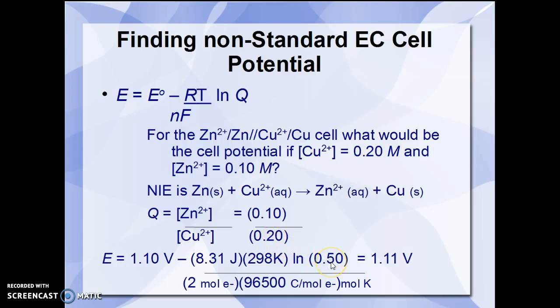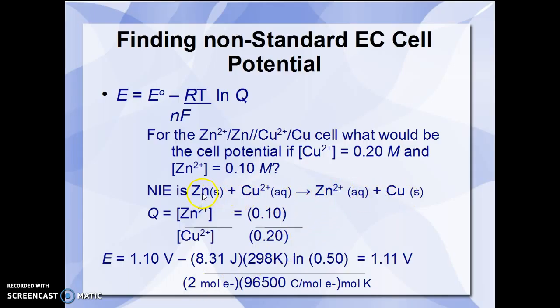Push 0.5 into your calculator and take the natural log of that. Then multiply that number, which is a negative number, by 8.31, divide it by 2, that's the moles of electrons in the net ionic equation.